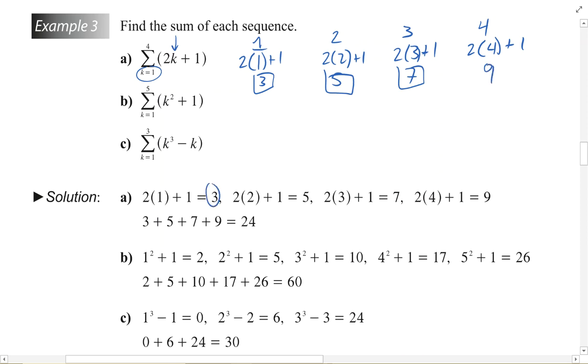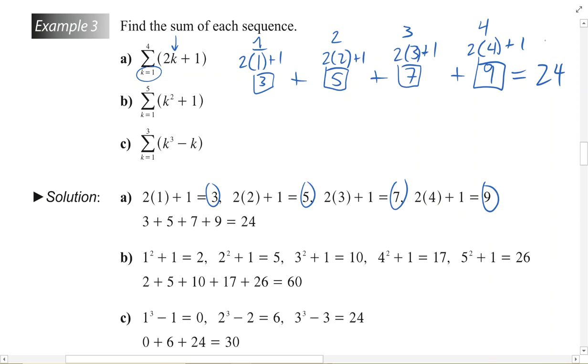So you can see 1, 2, 3, 4. And then what we have, add them all together. So we're going to get 3 plus 5 plus 7 plus 9. So you find the terms first, then you add them together, and you get 24. So that was find the sums of the sequence.